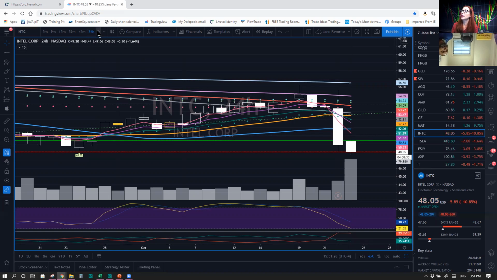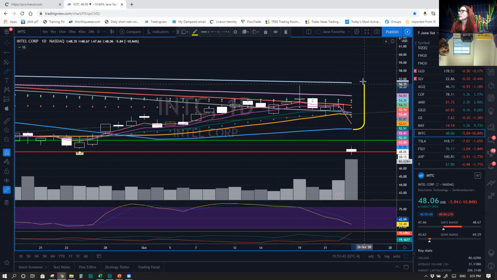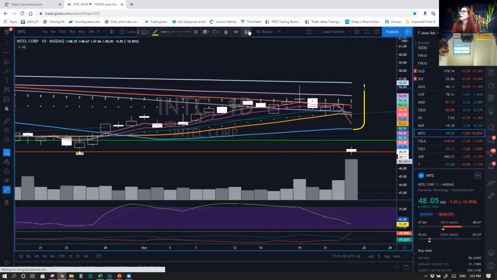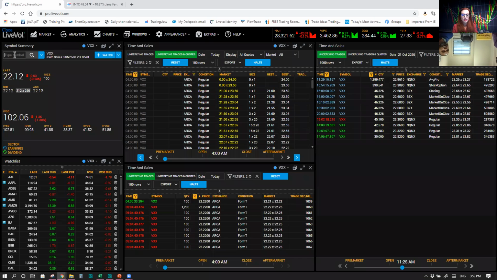When we look at it on the daily, you don't see that gap. You don't see the drop that happened after hours yesterday. So we could open up over here, maybe on the 50 simple moving average, and go up from here, right? There's that possibility to gap up and create an abandoned baby. And then it will be a gap to potentially fill to the downside if we were to contract back. Also, I'll show you guys what I saw on Amazon today.